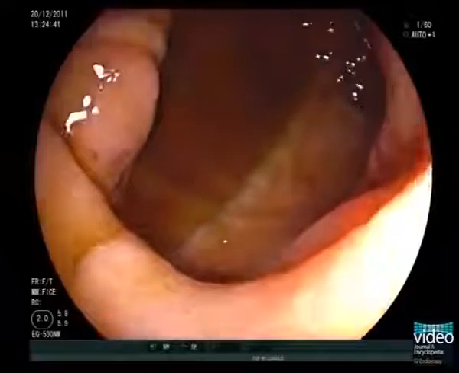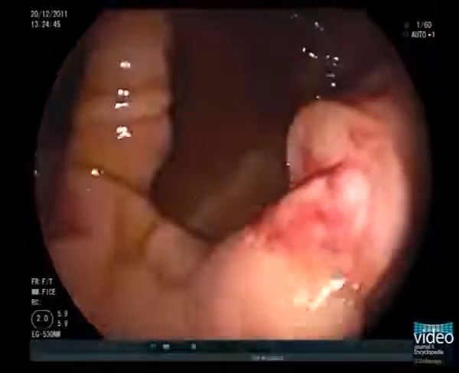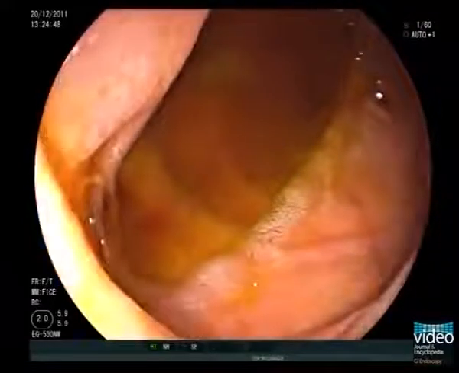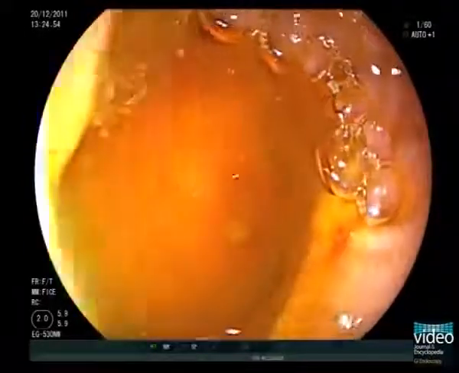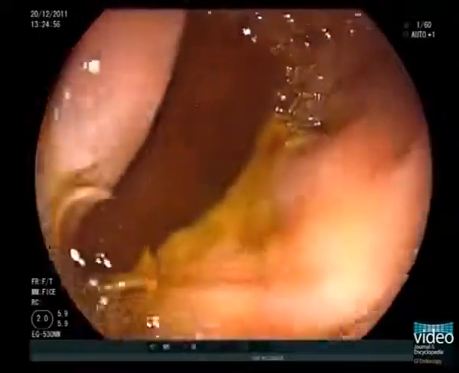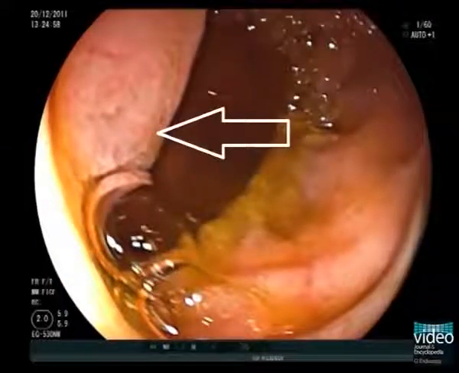Now we get a glance of the papilla at the right lateral aspect of the septum. Here it is, a small papilla that was hidden between the folds at the ridge-like structure.